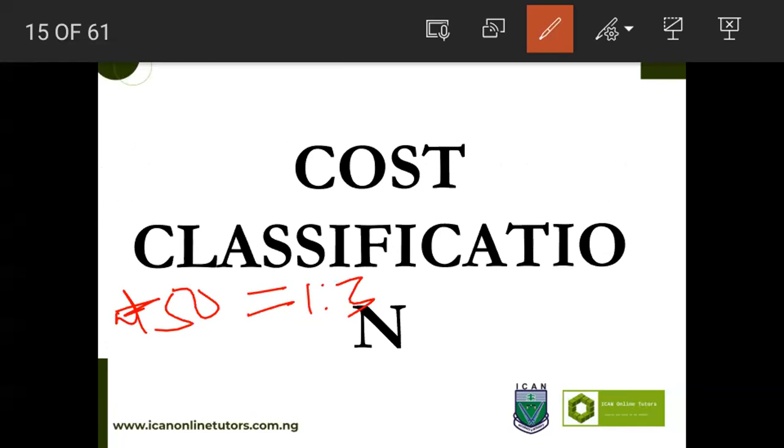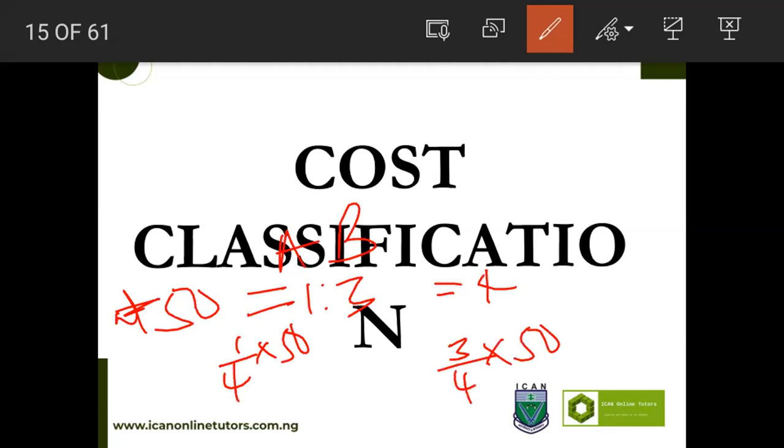Let me say department A, department B. You first of all say 1 + 3, 4. 4 is the total. A will get 1/4 or 50 naira. And B will get 3/4 or 50 naira. That is what we call cost apportionment. If me and you, we are to share 50 naira according to the ratio of our age, you get that? That is what we call cost apportionment.